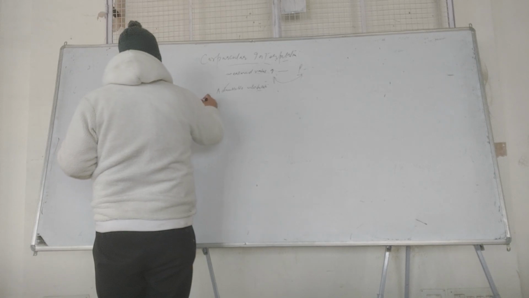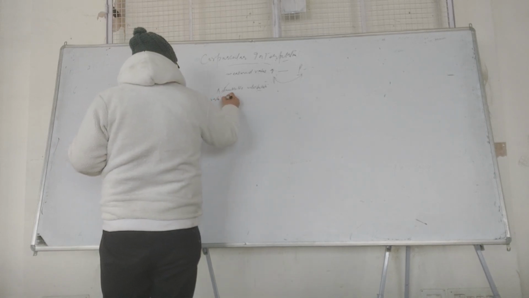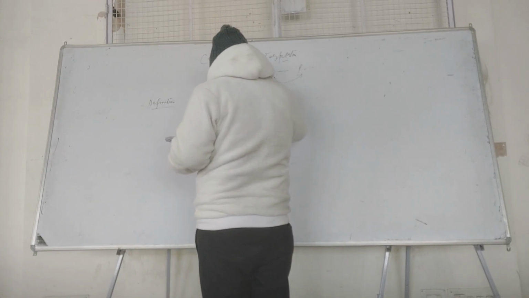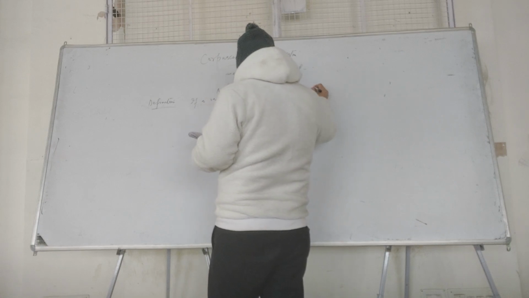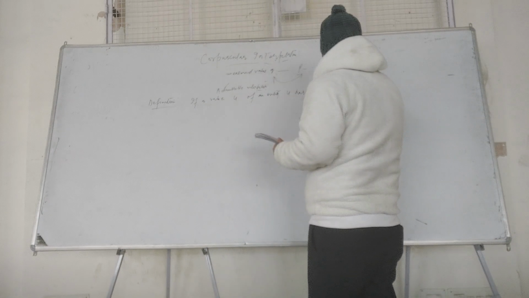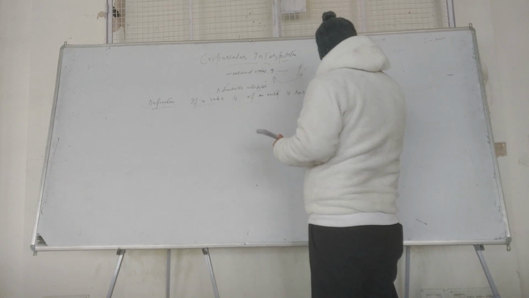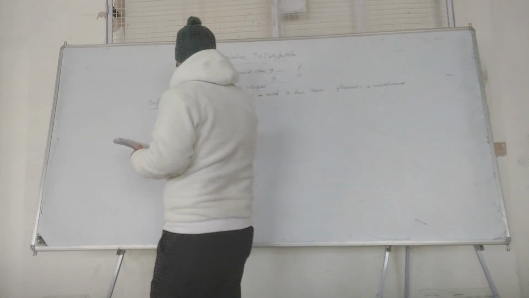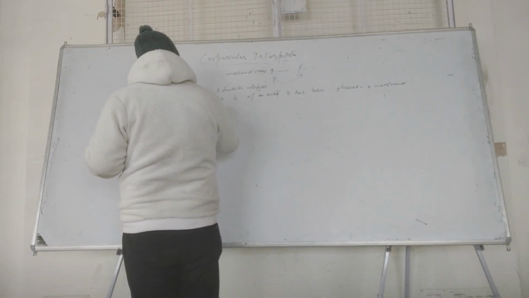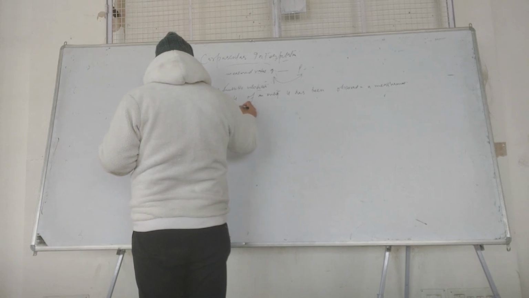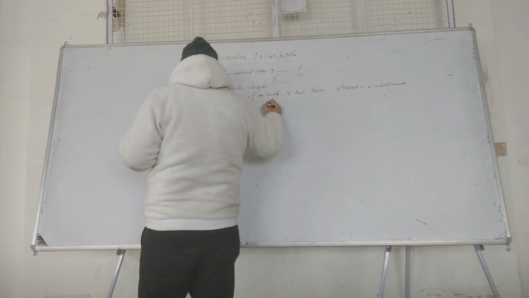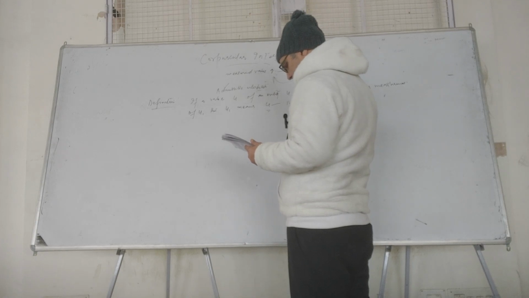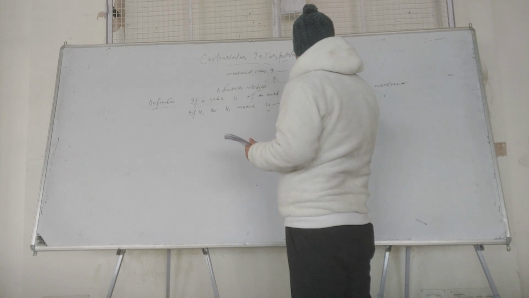If a value of an entity u has been observed in a measurement of u, this value u_i means the value of u we are going to measure immediately or after the measurement.